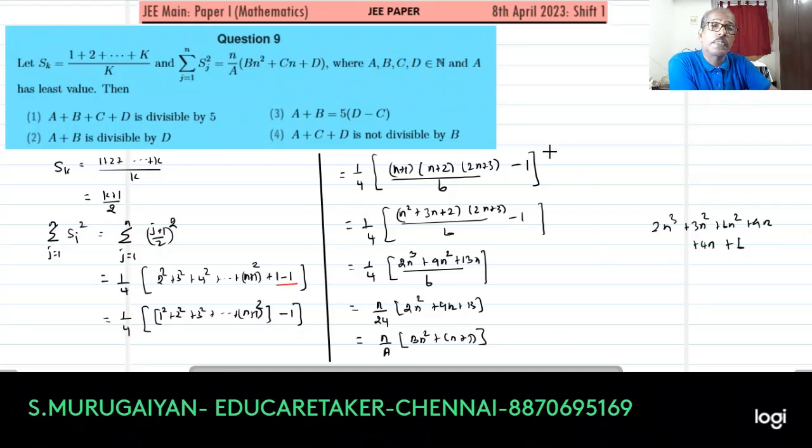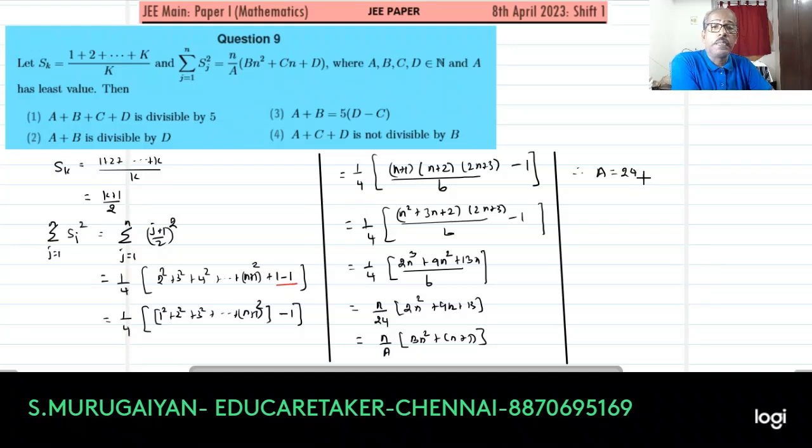Then this implies the least value of a is 24, a is 24, b is 2, c is 9, and d is 13.